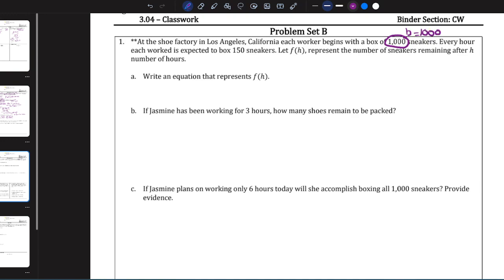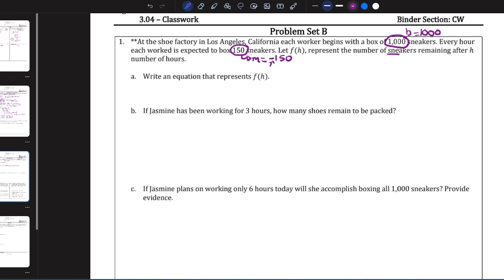Every hour, each worker is expected to box 150 sneakers. Okay, there's my unit rate, which means that my slope is going to be negative 150. Now, question arises again, well, why negative? Well, let's think about the actual context of this. If we're starting with a box of 1,000, and every hour each worker is expected to box 150, right?